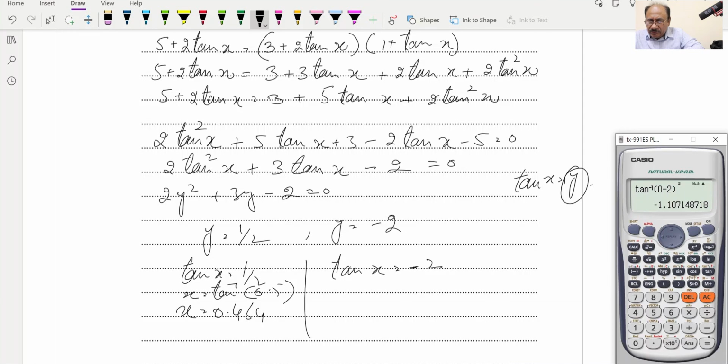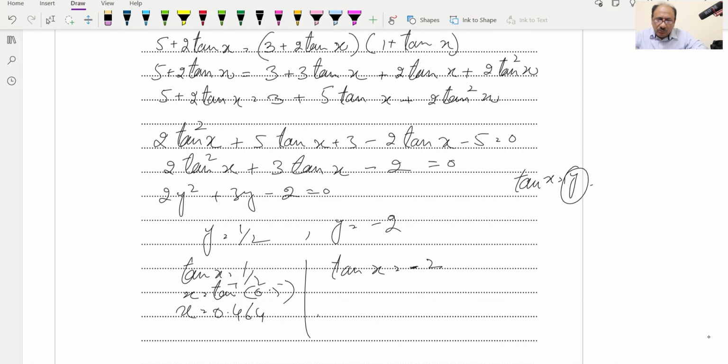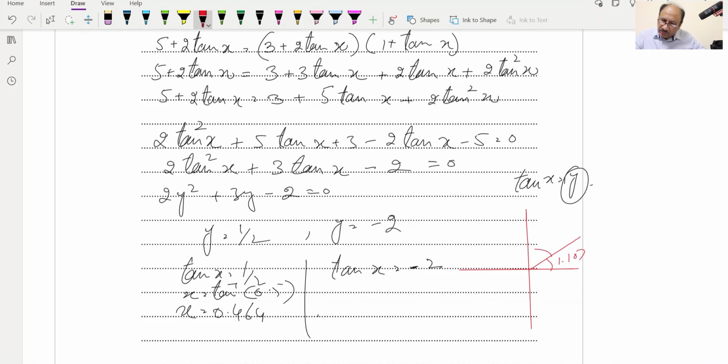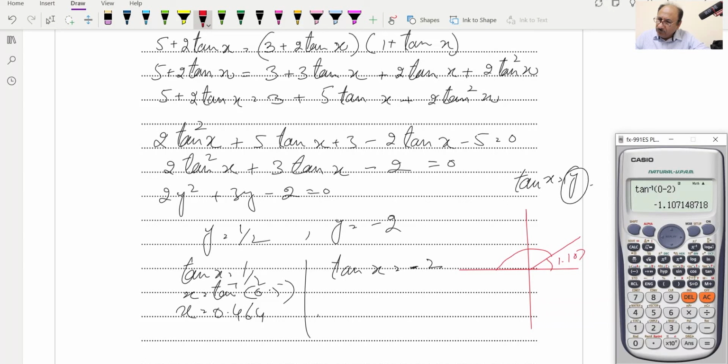So we are restricted to the first two quadrants, so what we will do, we will take the positive value, and that value will be 1.107, and we will take this reflex angle, and this angle will be pi minus this one.